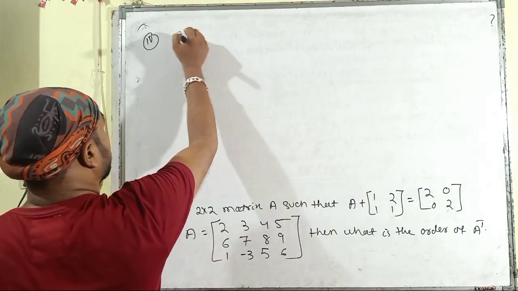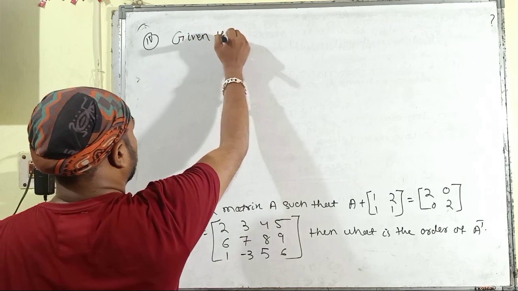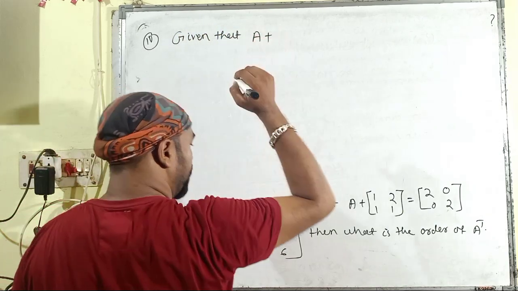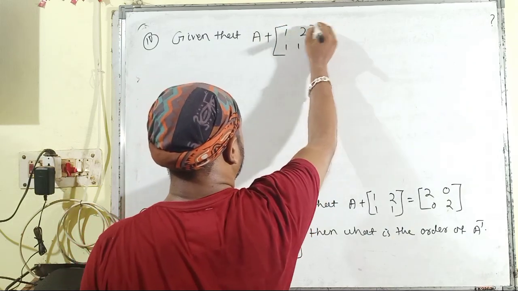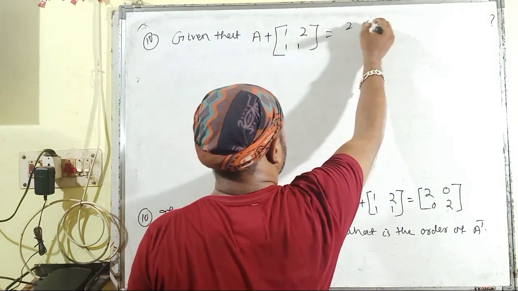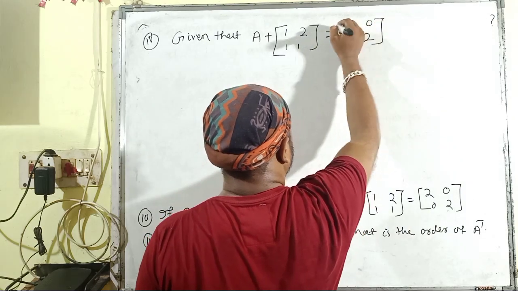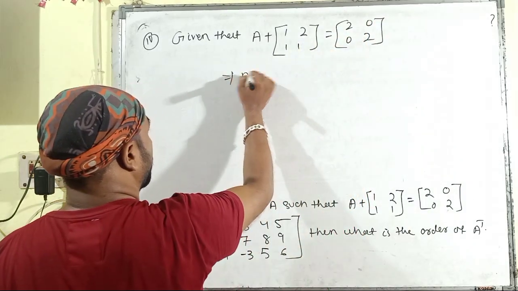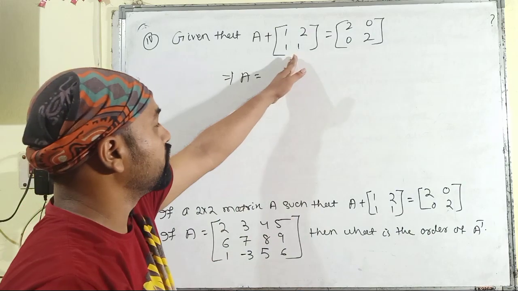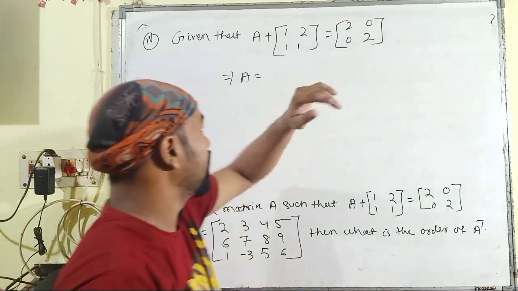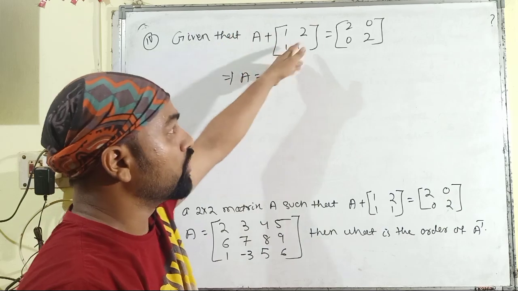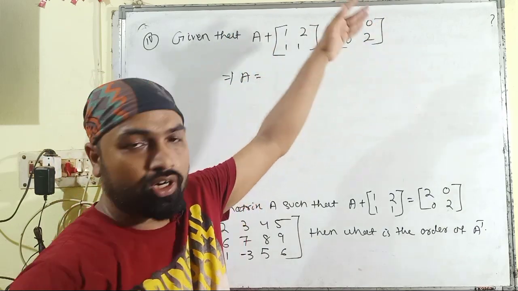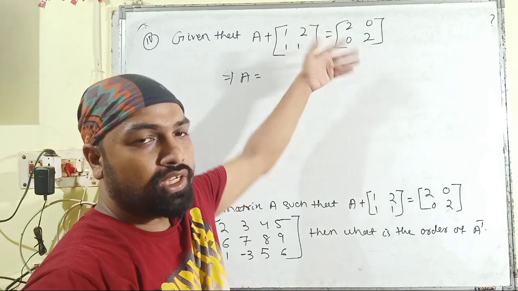Given that A is any matrix, added with the matrix 1 2, 1 1 gives us the result 2 0, 0 2. Then for the matrix A, we just have to shift this matrix to the right hand side. As it contains a positive sign on the left hand side, it will contain a negative sign before it on the right hand side.